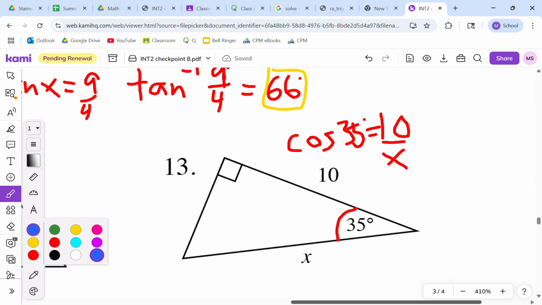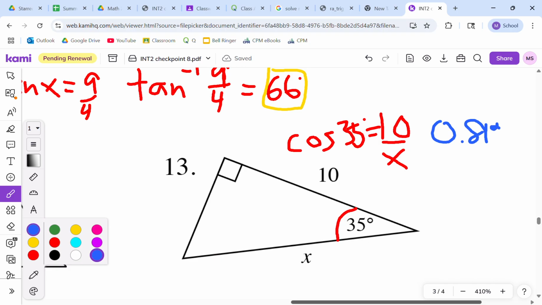And so I use my calculator, because I don't know what cosine of 35 is off the top of my head. Okay. And so my calculator says that it's 0.819 something.